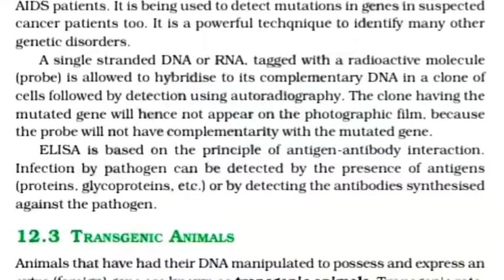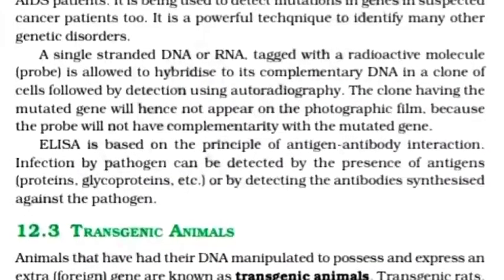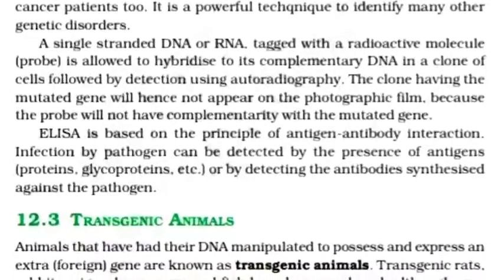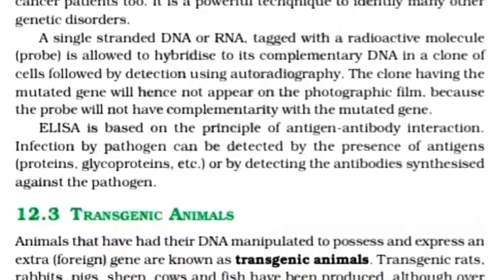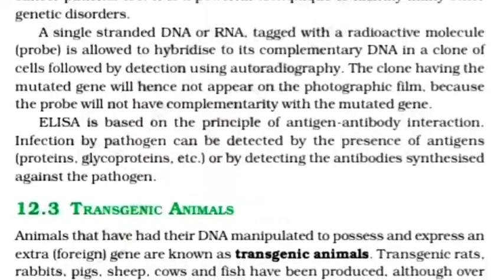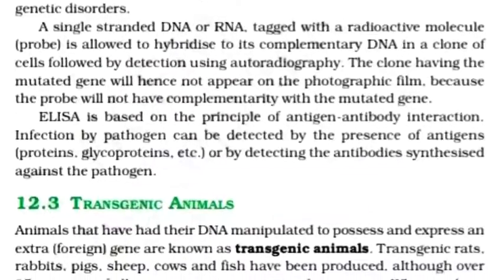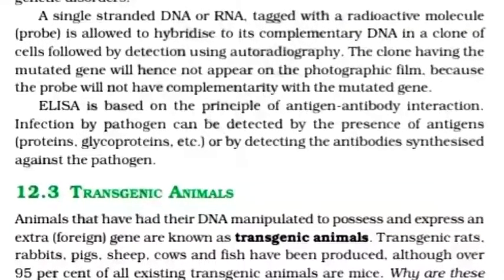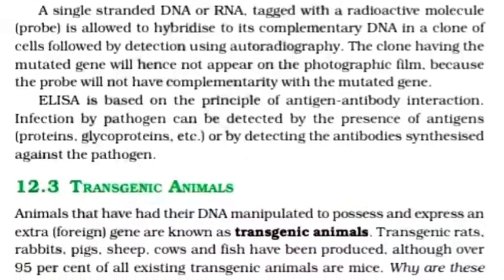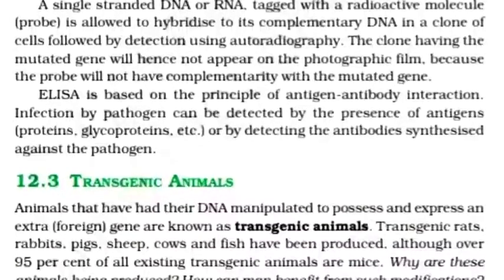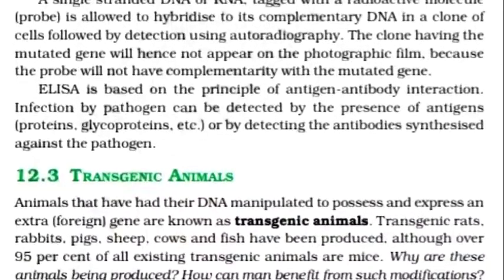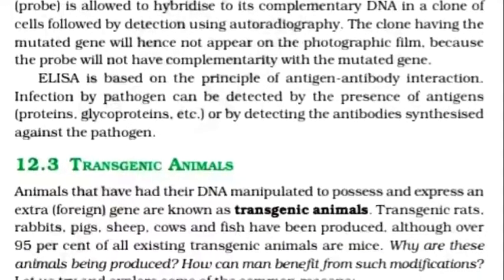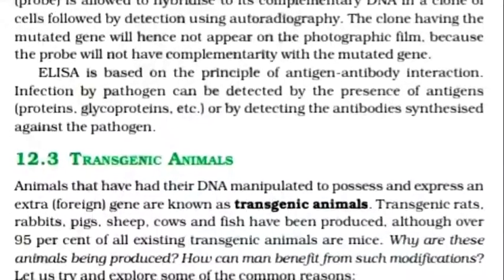The clone having the mutated gene will hence not appear on the photographic film because the probe will not have complementarity with the mutated gene. ELISA is based on the principle of antigen-antibody interaction. Infection by a pathogen can be detected by presence of antigens, proteins, glycoproteins, etc., or by detecting the antibodies synthesized against the pathogen.